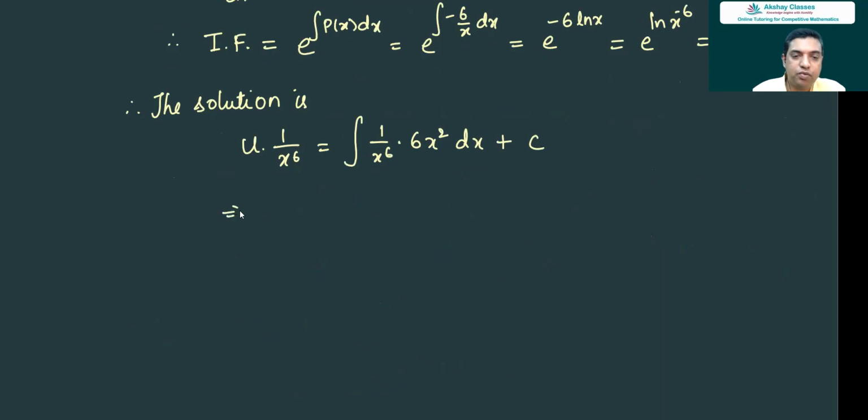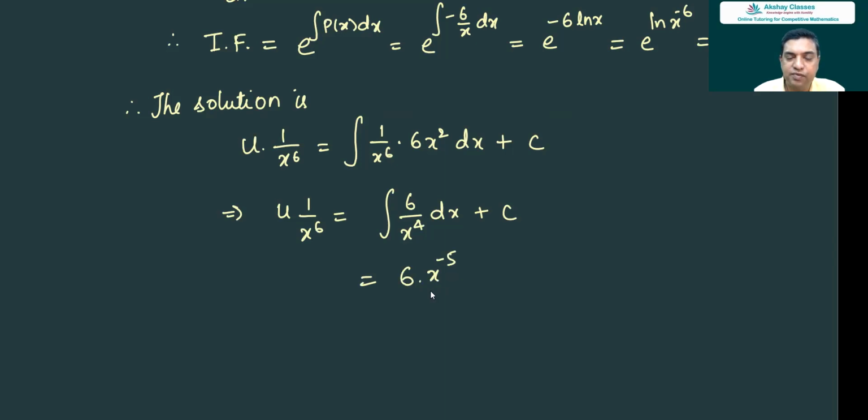So what we get is u into 1 upon x power 6 is the integral of 6 upon x power 4, which is 6 into x to the power minus 3 upon minus 3. No, we are integrating, not differentiating, sorry: minus 4 plus 1.